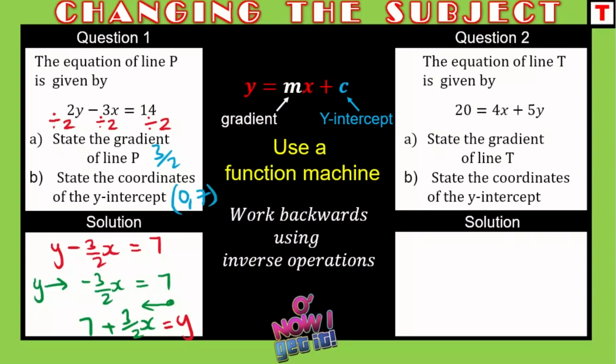Let's have a look at the next question. Again, for equation t, we have this equation, and again, the first thing we want to do is get y by itself. So we want that number that is multiplying the y to just be 1, okay? And then we're going to be writing it as a function machine. So let's have a look.